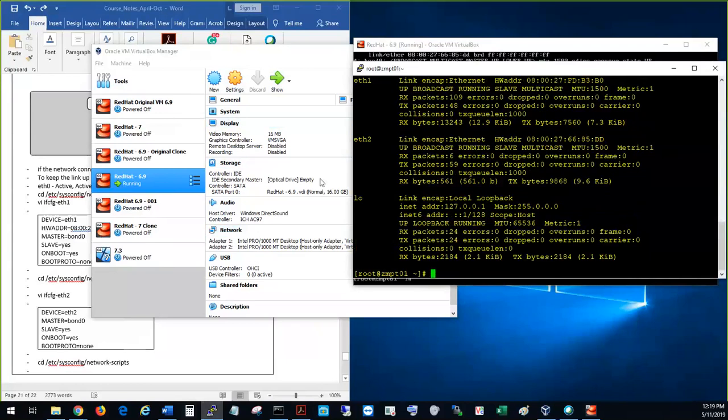The other card will pick up right away. Let me see why it's not doing that. Give me 1 second here.